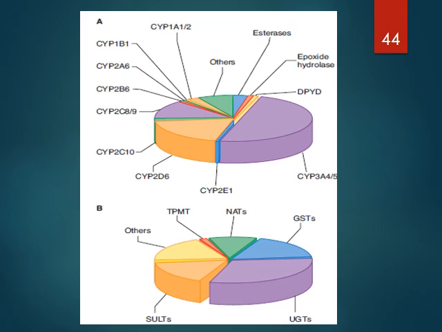Again, this is a nice slide that shows you the various CYP enzymes here in this top pie chart, and shows that CYP3A4 is really responsible for nearly half of the metabolism that occurs via CYP enzymes, or these phase 1 reactions.